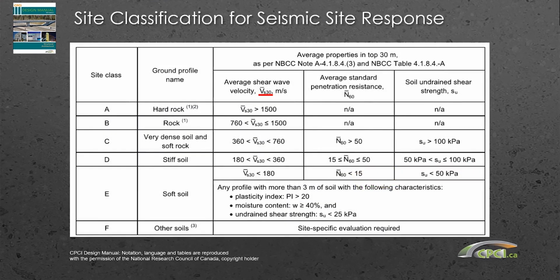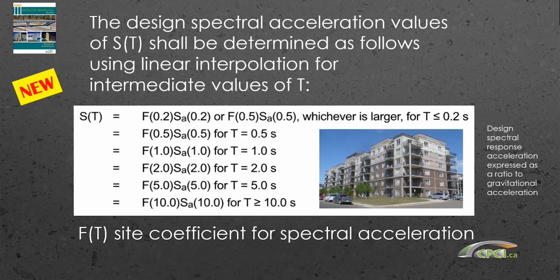This is basically the same as before for the site class, and again looking at the properties in the top 30 meters of soil, although now they're adding the 30 to clarify that in the subscript of the S bar here. And then this is all new, which looks scary to those who are looking at it. And basically now this FT site coefficient is new.